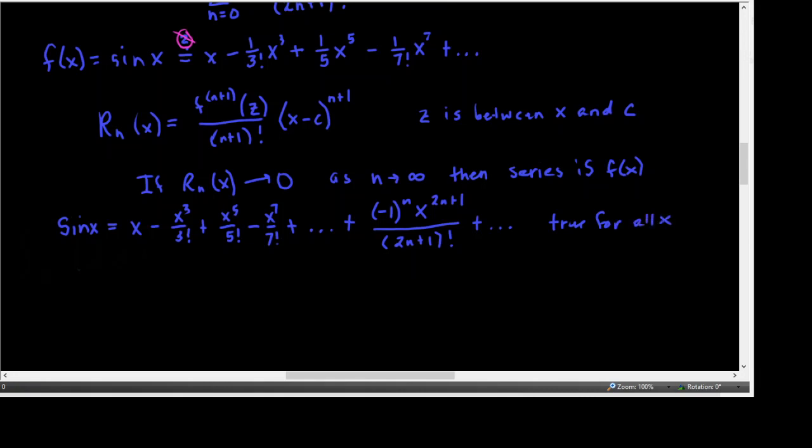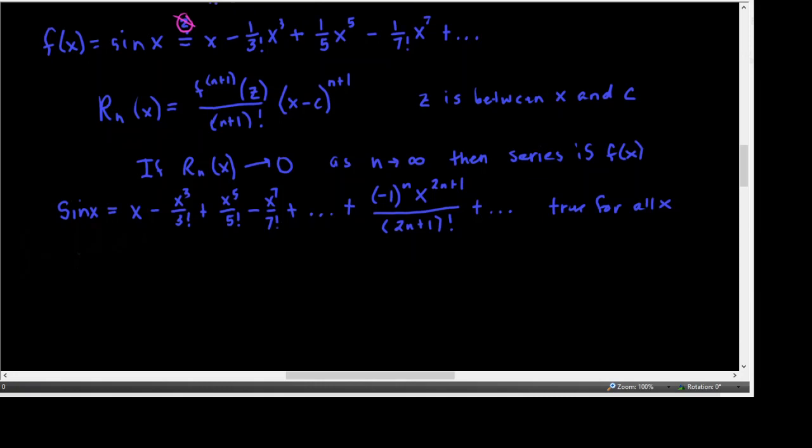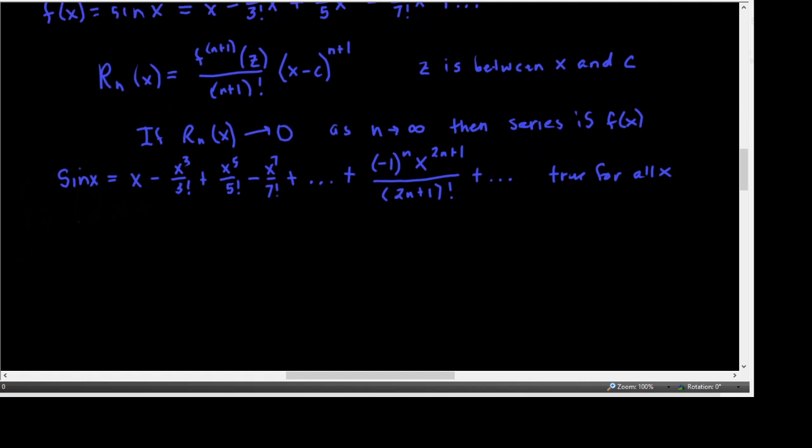Okay. So, now, because those derivatives, there were only 4 answers: sine of x, cosine of x, negative sine of x, and negative cosine of x. We know that the n plus 1 derivative answer is one of those 4 things.